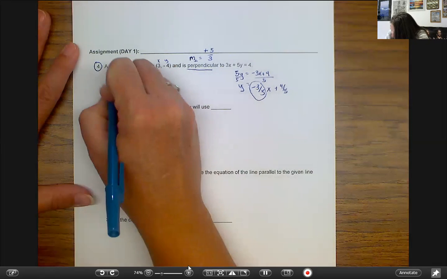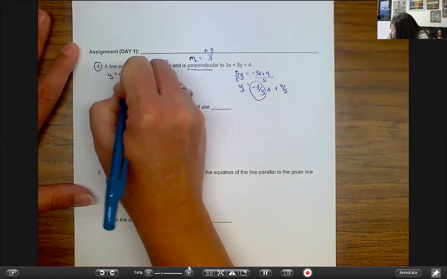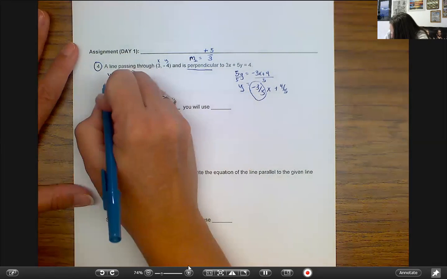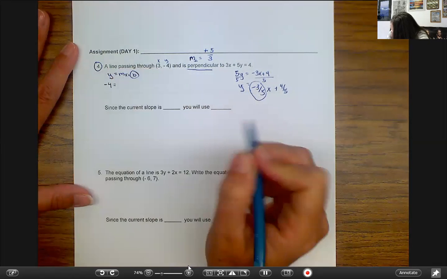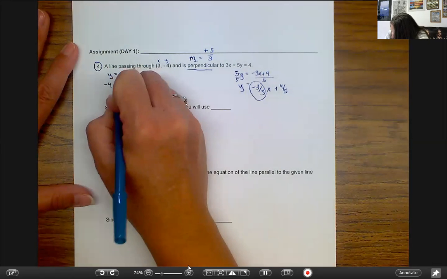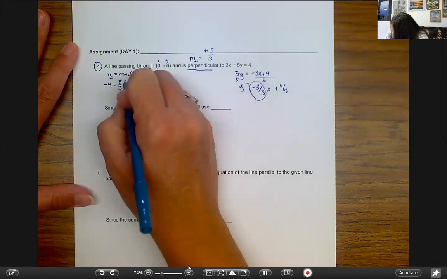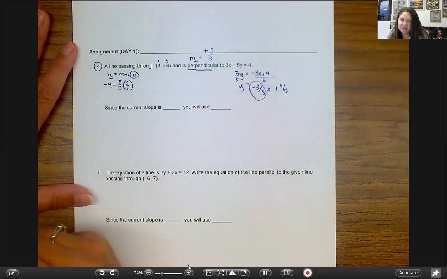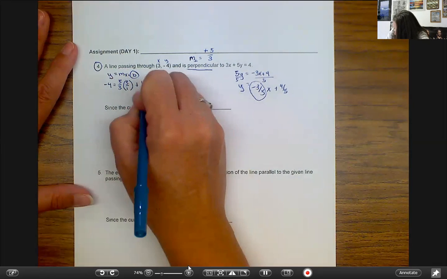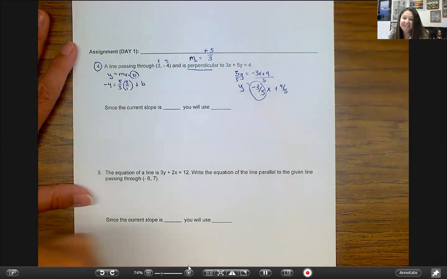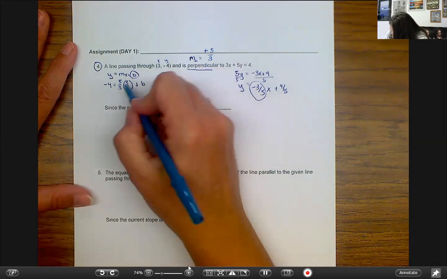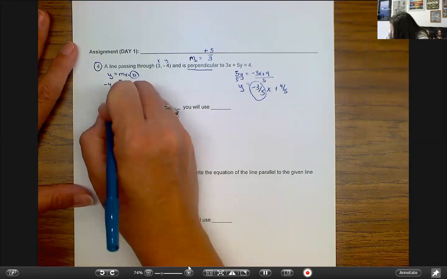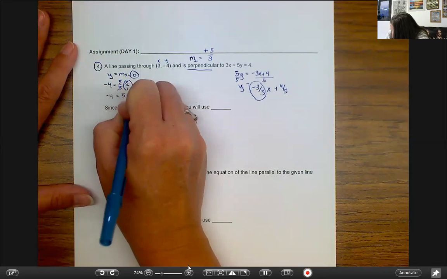So if I were to plug into slope-intercept form to solve for my y-intercept, I'd be plugging in -4 for y, my slope of 5/3, the x-coordinate of 3, or I could make that 3/1 if I was plugging that in, and then plus b. What works nicely here is the 3's cancel out, so I won't have to end up working with fractions. I get -4 equals 5 plus b.